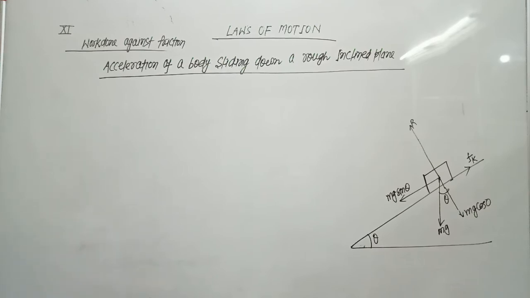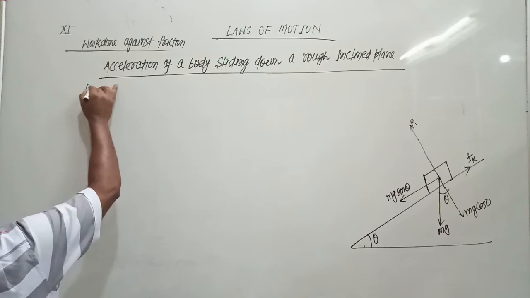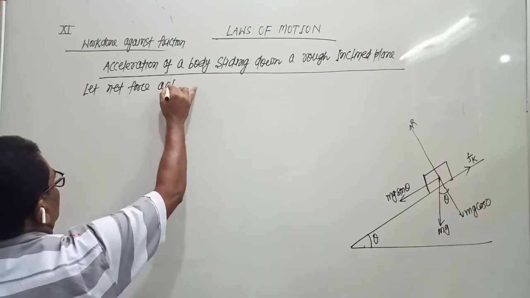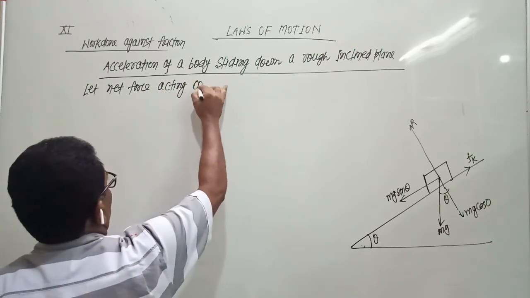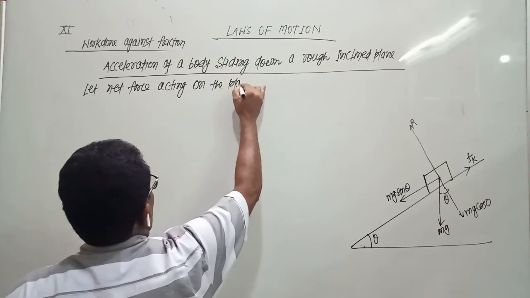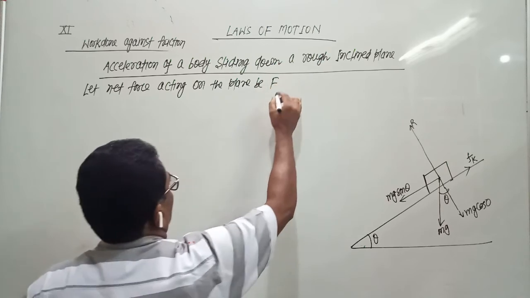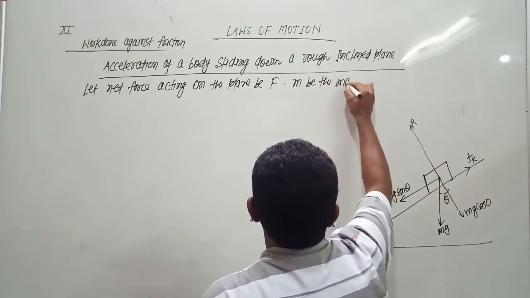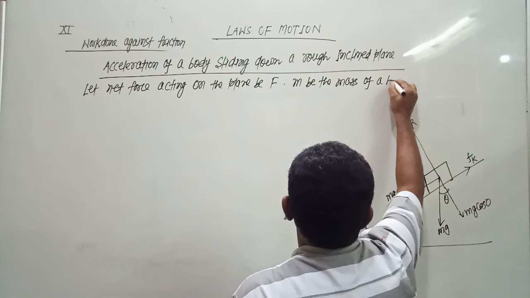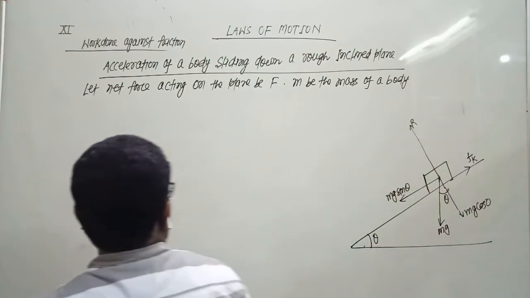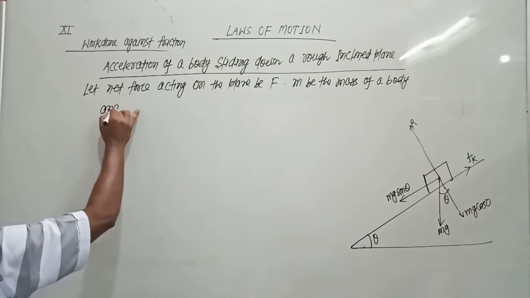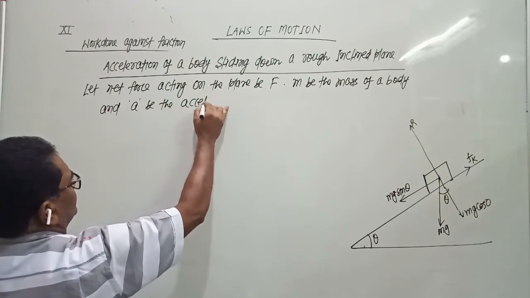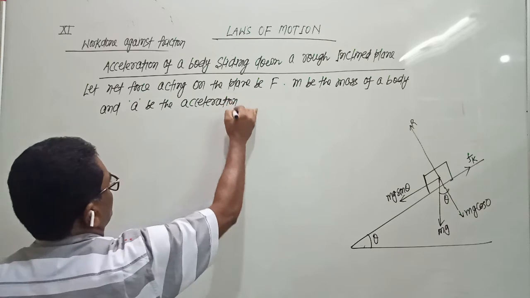Let the net force acting on the body be F, M be the mass of the body, and A be the acceleration produced.